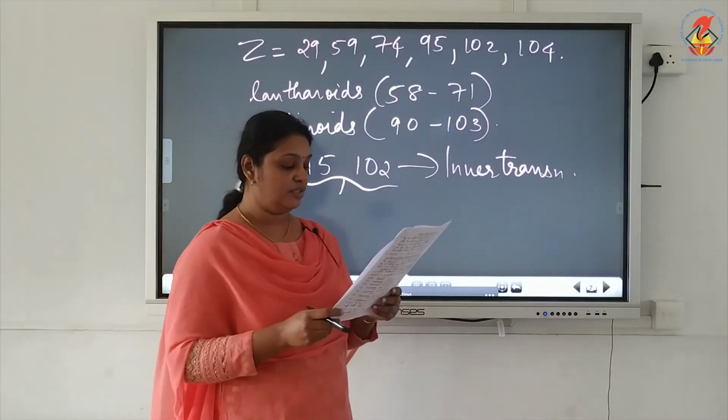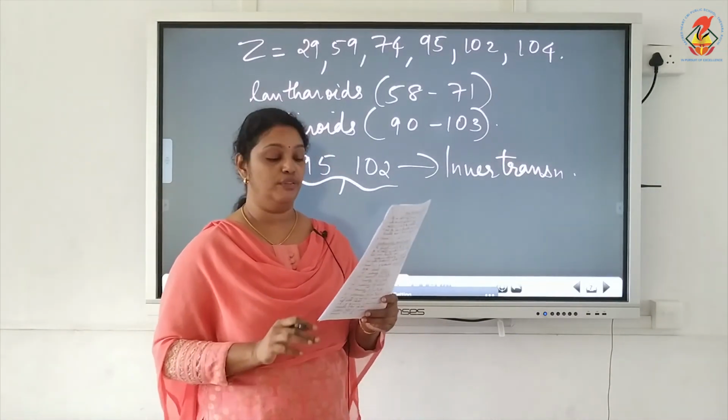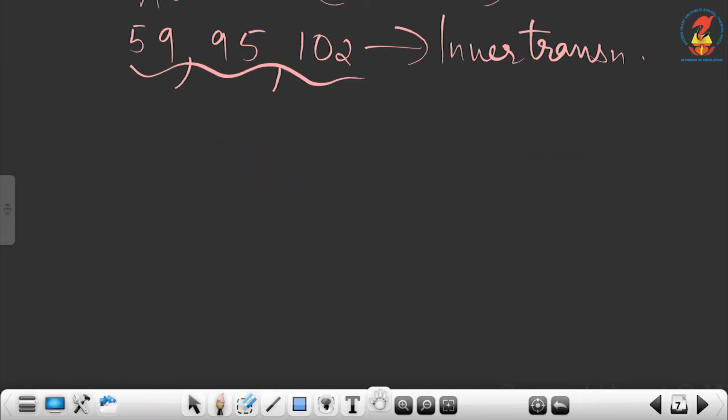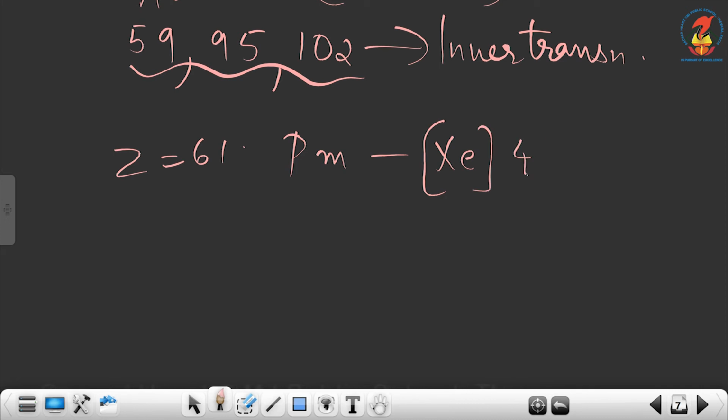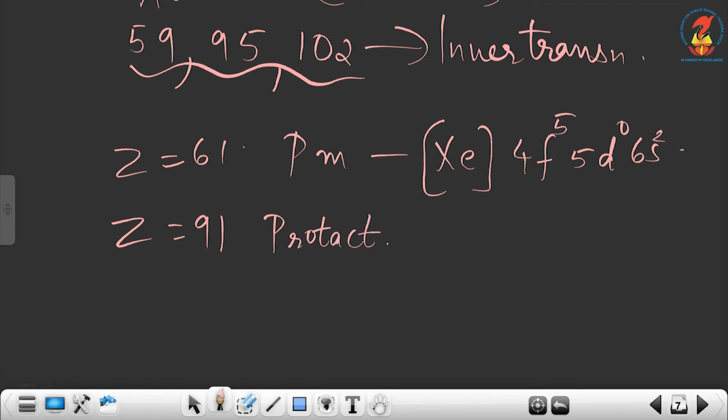The next question is to write the electronic configuration of elements with atomic number 61, 91 and 101. Z equals 61 is promethium, Pm, a lanthanoid. Its electronic configuration is xenon 4f5 5d0 6s2. Atomic number 91 is protactinium, symbol Pa.